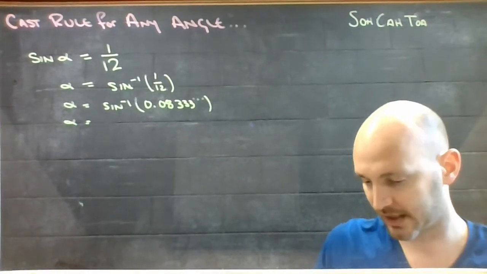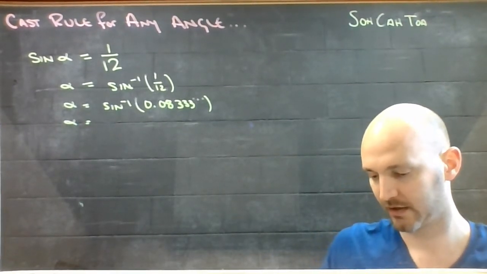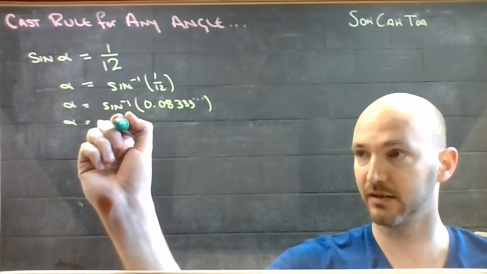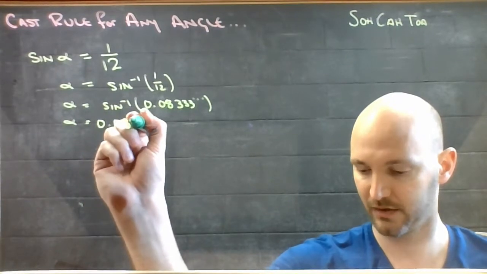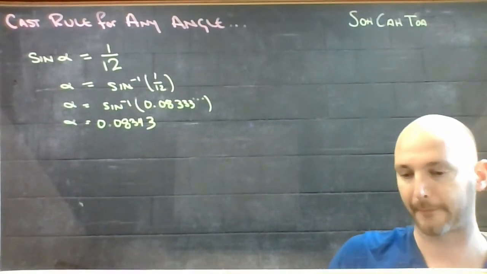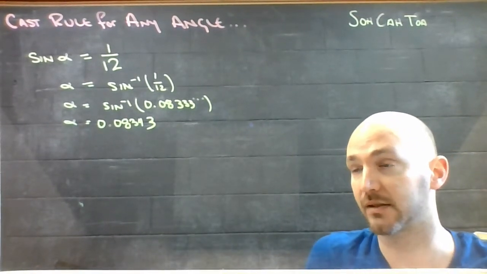If I hit the arc sine button of that, so shift sine is my answer, I get 0.08343. All right, that's my angle family. That's not my answer.